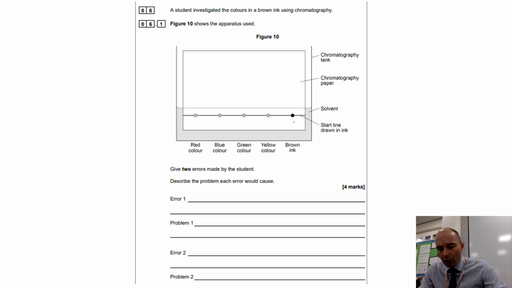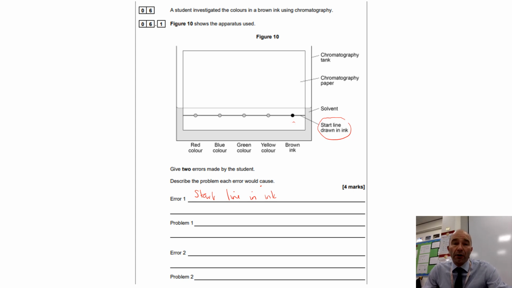Now, this is quite a common question. We need to give 2 errors which have been made by the students. Now, there's at least 2 glaring errors here. The first one, and this is quite a common mistake to make, is that the start line has been drawn in ink. What's the problem with that?